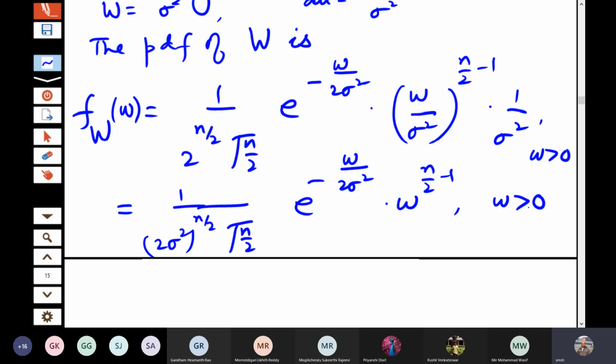This is the probability density function of sigma Xi square.